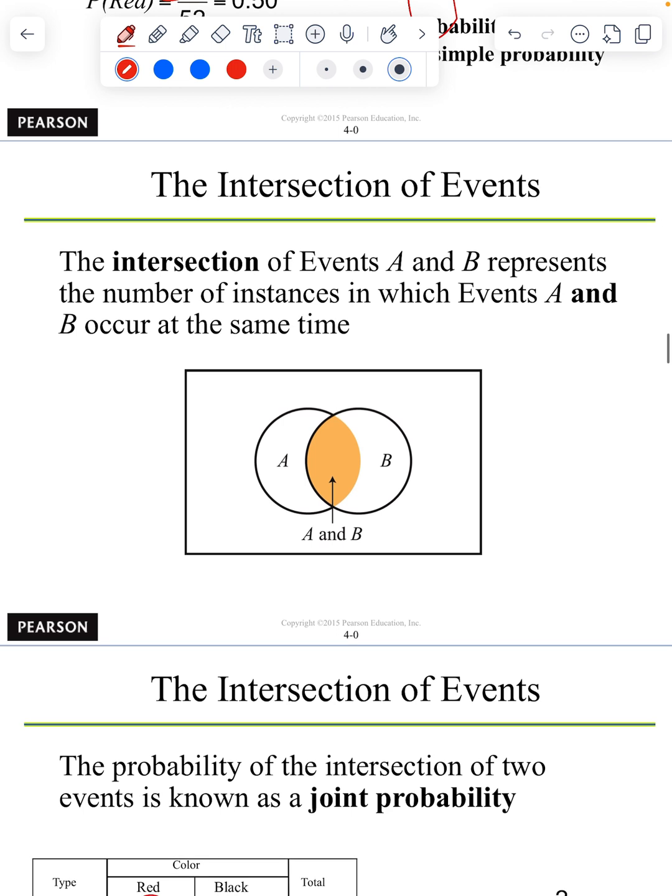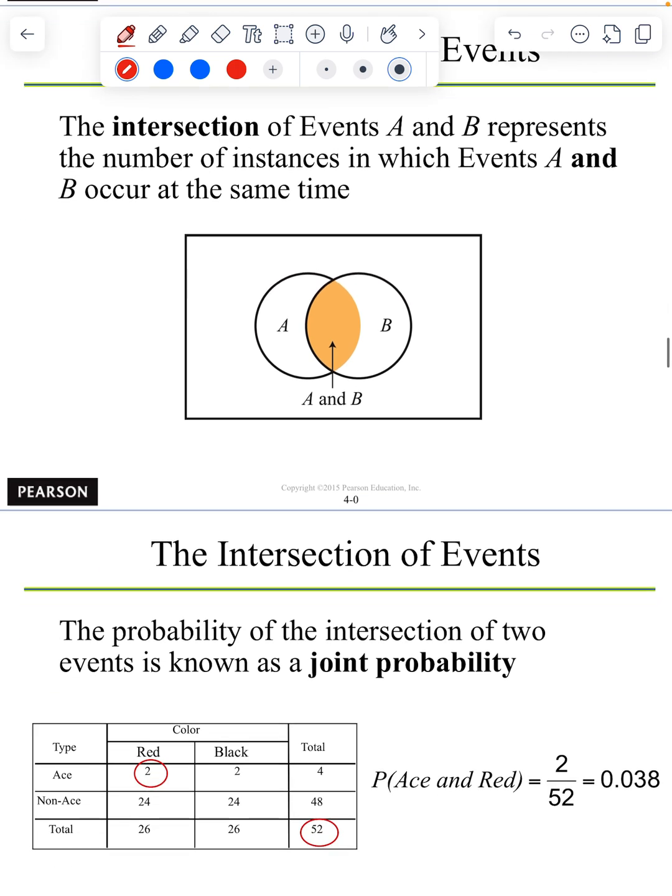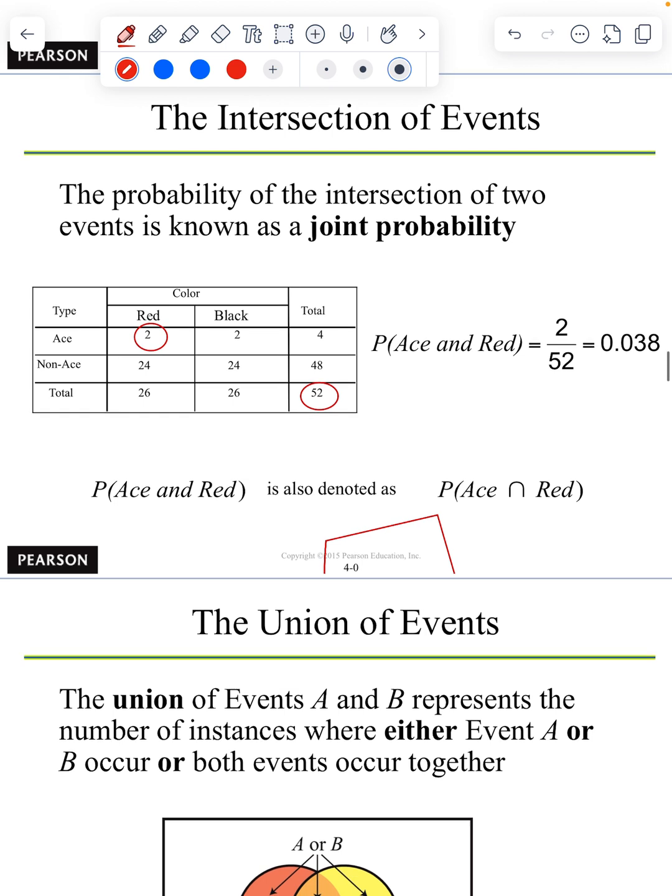Well, let's look at the intersection of events, where the possibility of having a red ace or a black ace could happen. The probability of the intersection of 2 events is known as a joint probability. So here I have a red ace over the total number.